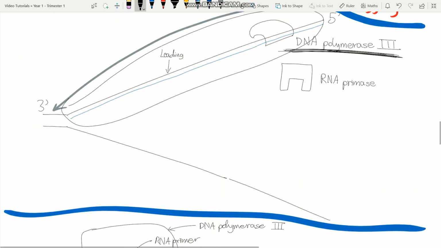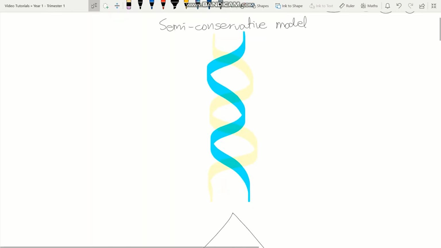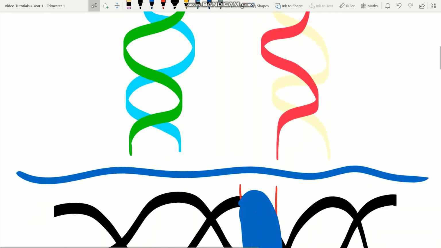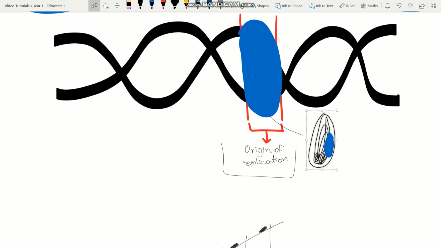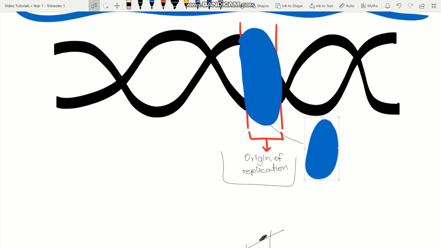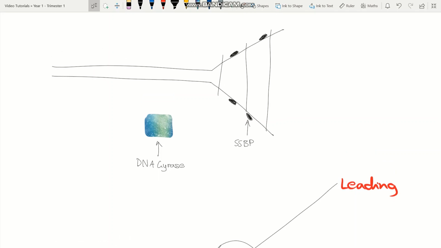So a quick review. DNA replication is the formation of 2 daughter strands from one parent strand using the semi-conservative model. It involves a DNA helicase enzyme binding to the DNA chain in order to allow for its separation. Then, it also allows for single-stranded binding proteins to hold this apart.